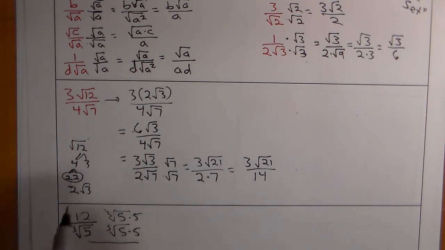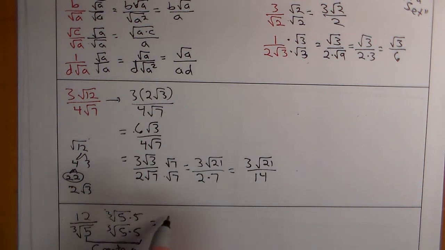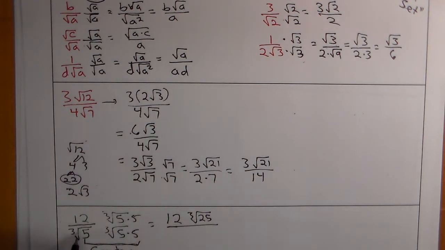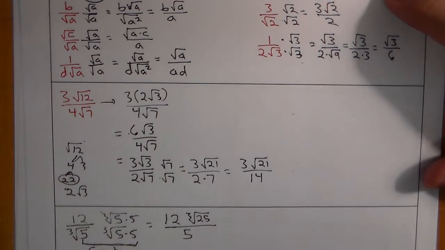Our goal is to create a set. So I need 3. I multiply top and bottom to get that. So the top now becomes 12 cube root 25 over what essentially is the cube root of 125, but we know because we're creating the set, just becomes a 5. Now, 12 cube root 25 over 5 is the answer.